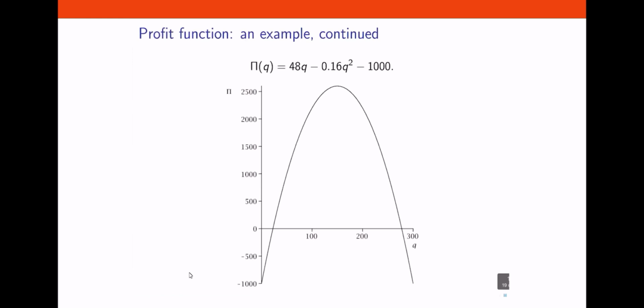Here's what the profit function looks like if we graph it as a function of Q. You can see it does indeed have a maximum value here. That's not surprising because looking at the expression for the curve, it's a quadratic with a negative squared term, so we know it's going to have an upturned U shape. So the question is, how do we find where this maximum value of the profit is?